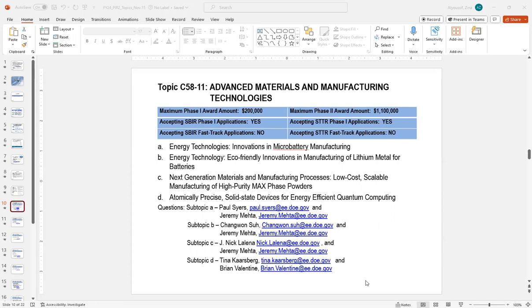Do you have specific application areas? The application areas are more defined by the environmental conditions. Okay.